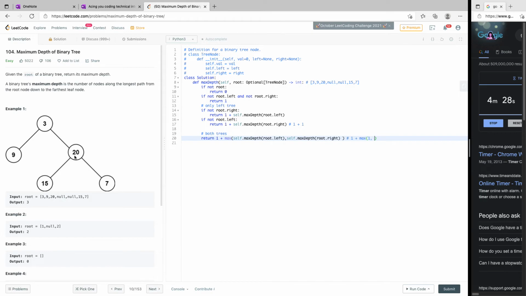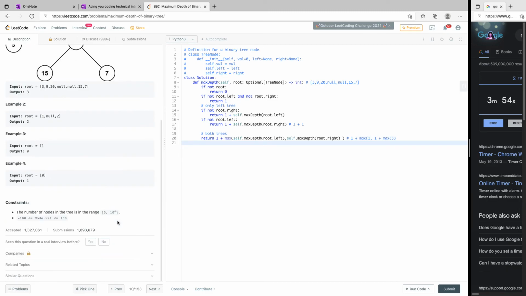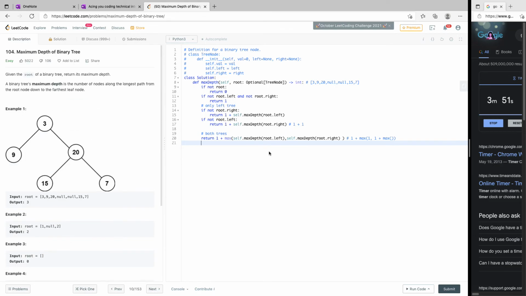Now it becomes very difficult to trace because we again have 1 plus max of left and right, so it's becoming difficult for humans to visualize. But as you can see, what we have written does make some sense.